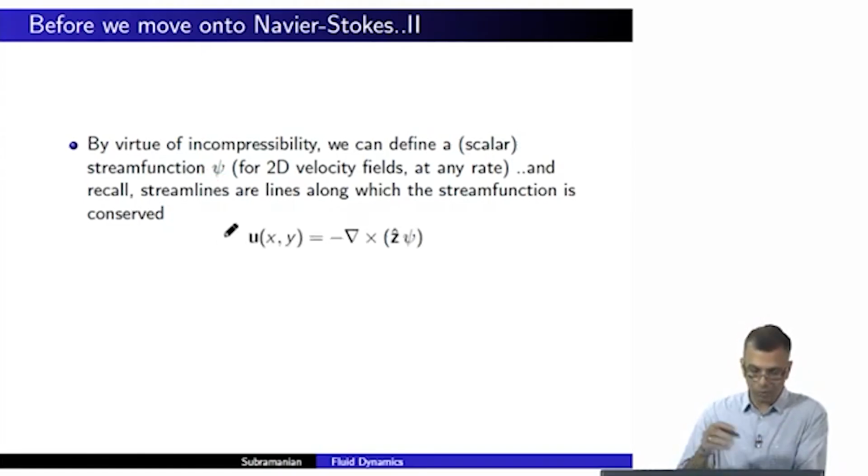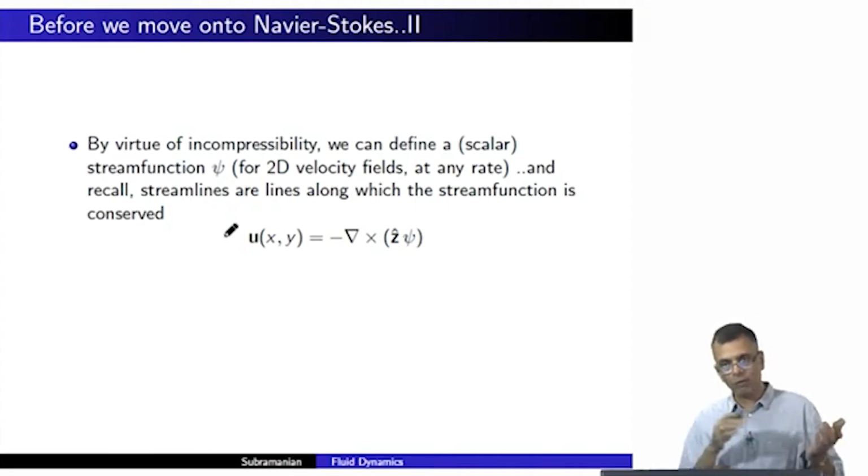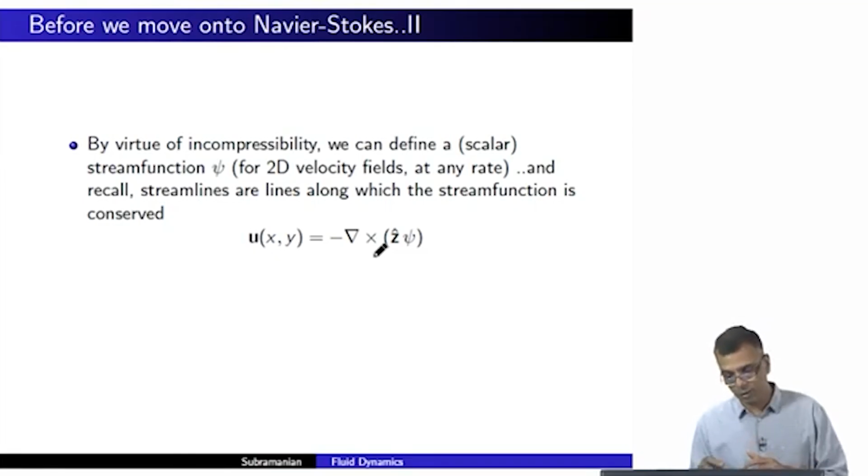By virtue of the fact that the divergence of u is always equal to 0, that is the assumption we are making, and the divergence of a curl is equal to 0, we know that. So, you can write down the stream function like so. Since psi is 2-dimensional, the direction is along the z hat direction, so you can write down this kind of equation for u.